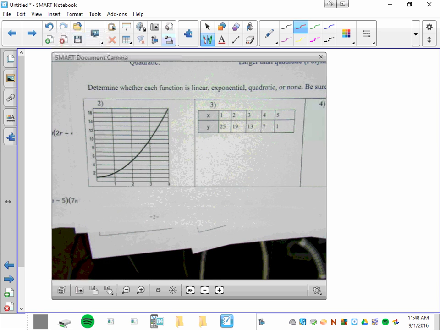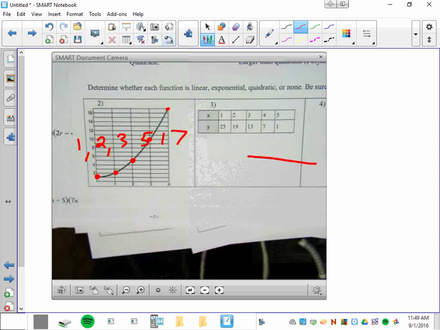So let's check the y values. What's the first y value? 1. What's the second y value? 2. And the next y value? This looks like 17 to me.